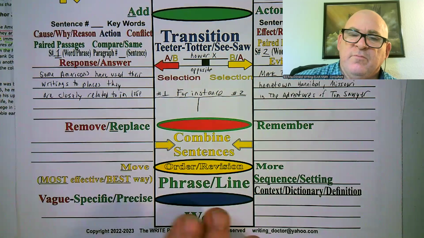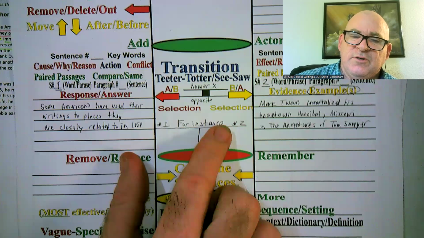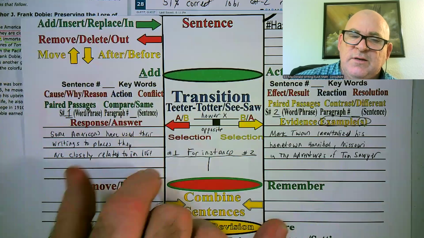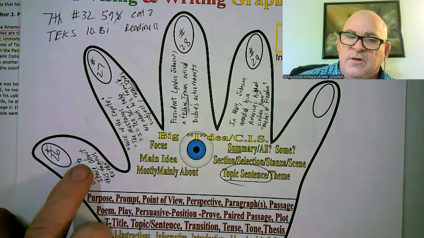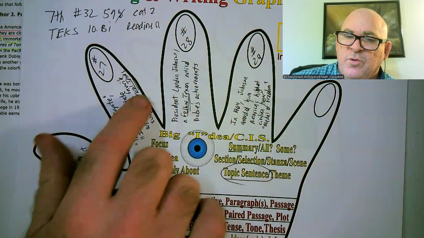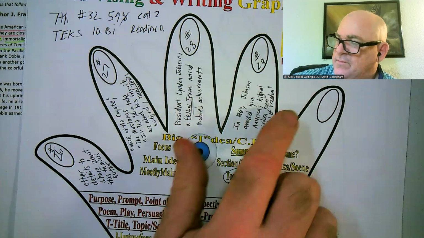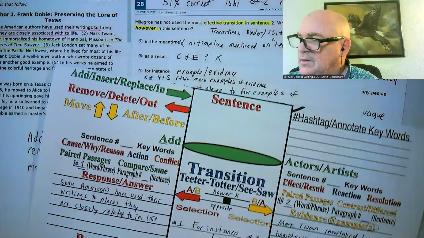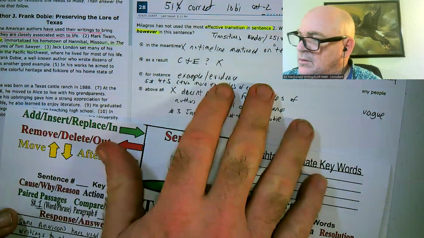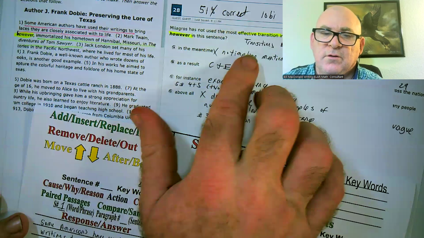Okay. So for me, adding a transition between two sentences is a little bit, if not quite a bit, easier than trying to add a topic sentence for a whole paragraph. So let's take a look and see what it says. All right.